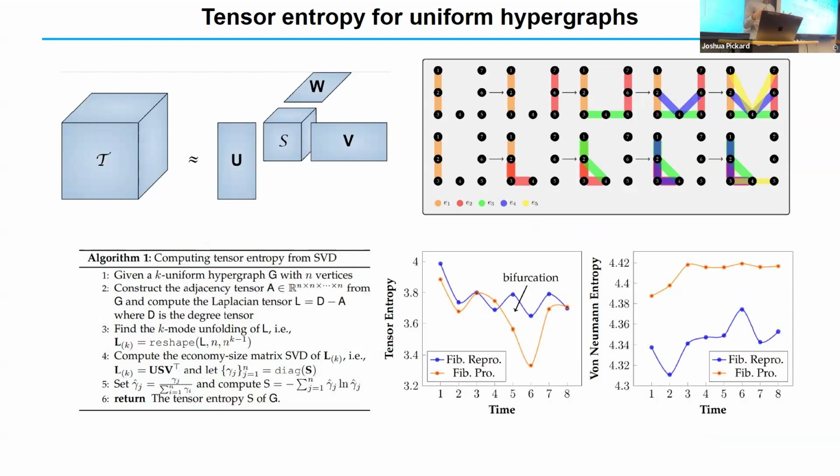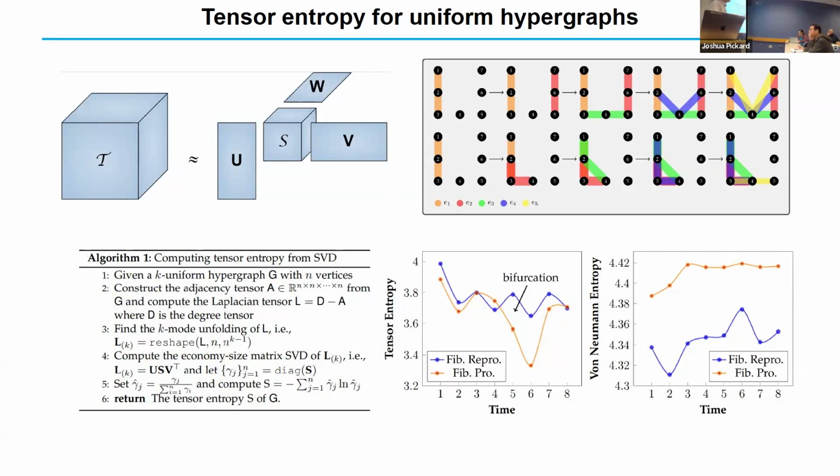So the reason the tensor representation is important is because we can compute tensor-based entropy of these hypergraphs. The way tensor entropy calculations work is we're given a tensor T up on the left, and we compute some type of higher order singular value decomposition. And from the singular values, we then compute standard Shannon entropy.